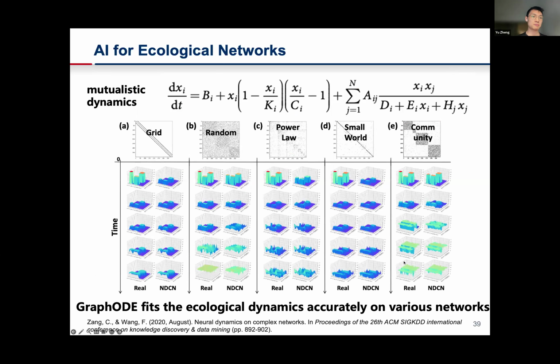By applying mutualistic dynamics on different kinds of topologies like random networks or power law networks, we can see that this graph ODE model can fit the ecological dynamics accurately on all kinds of different topological structures.